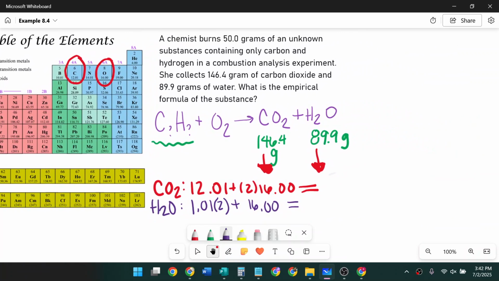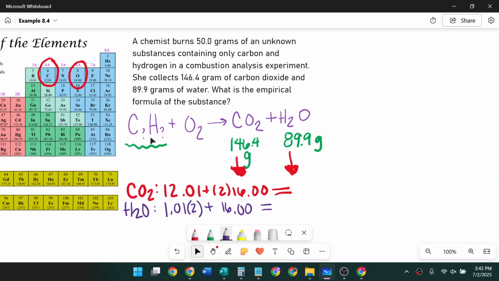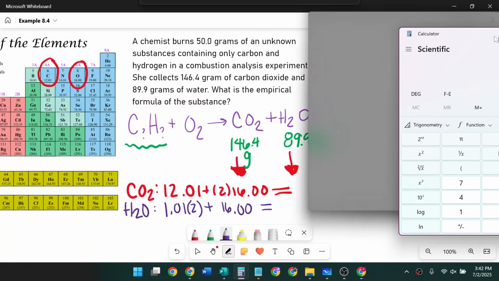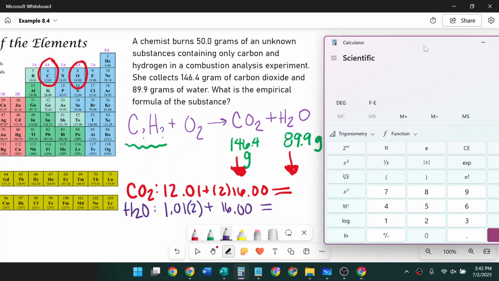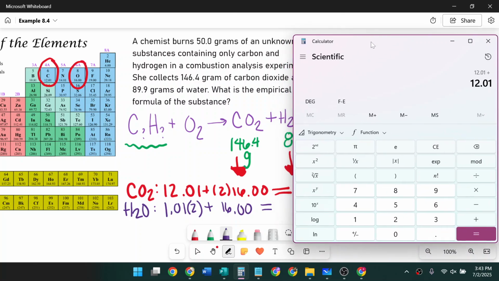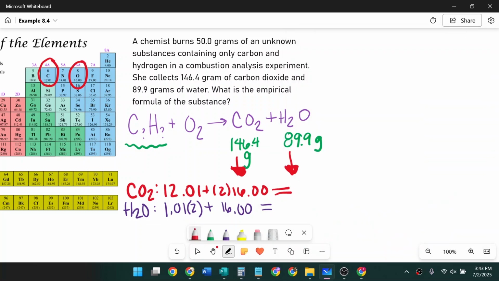Alright, so let's move that periodic table to the side. Let's do carbon dioxide first. So 12.01 plus 2 times 16. So we have 44.01 AMU. Or in other words, 1 mole of carbon dioxide is 44.01 grams.